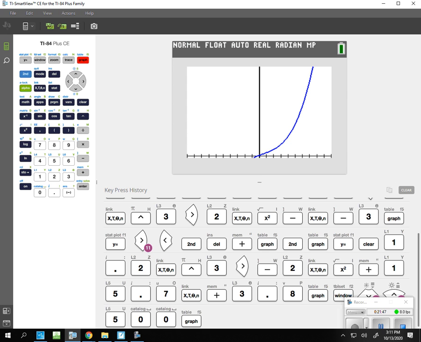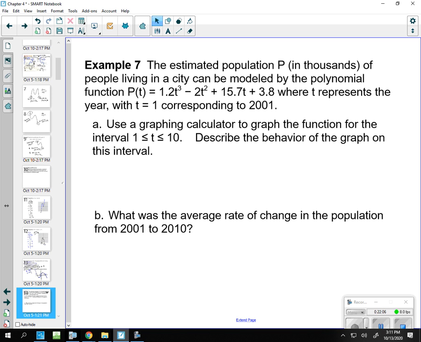All right. So I'm seeing a pretty distinct curve in that. So when I look at my table, at 0, it's 3.8. But at 10, it's all the way up to 1,160.8. So again, I couldn't even get it all the way in my picture, even putting it up to what I did. So describe the behavior of the graph on this interval.